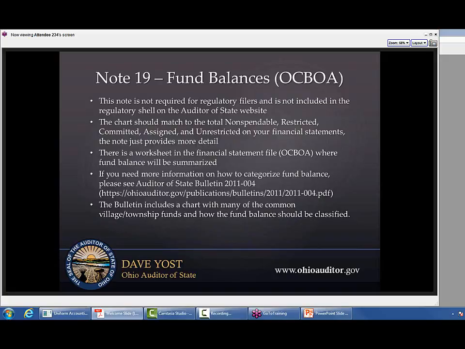It also includes libraries and how those funds should be classified. So if you have a fund that should be restricted, committed, or assigned, then you can go there and look and see. A lot of the more common ones, such as street funds, gas tax funds, and motor vehicle license funds, are listed there, and it tells you how they should be classified.